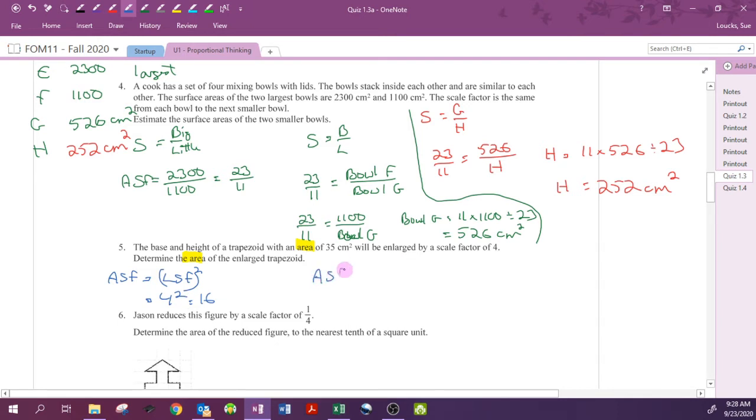So the area scale factor is the area of the image over the area of the original. So 16 equals the area of the image over 35, and the area of the image is 16 times 35, which is 560 centimeters squared. That's my answer.